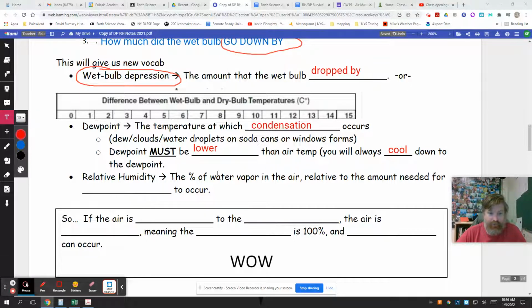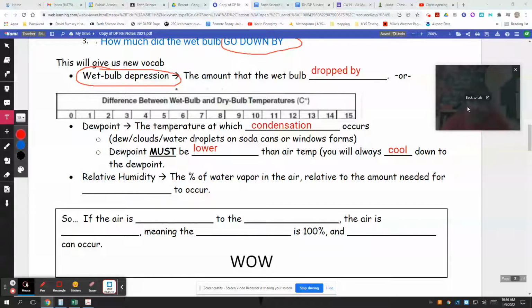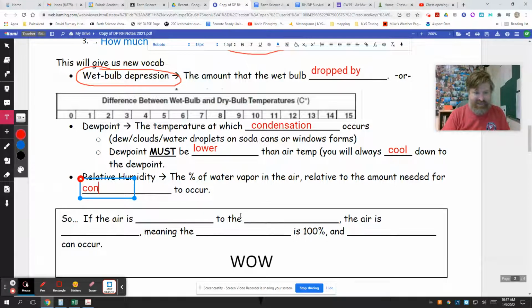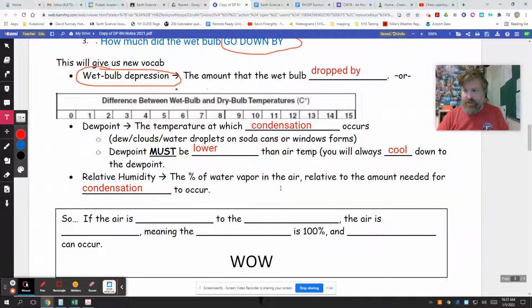All right, relative humidity is another. Go take some college level meteorology and come back and tell me how I'm all wrong on this. You're right, I am kind of oversimplifying here for the sake of making it understandable to this age level. It's like the percentage of water vapor in the air relative to the amount needed for condensation to occur. Now, that sentence, chances are, isn't going to make a whole lot of sense in your head, so don't panic about it.